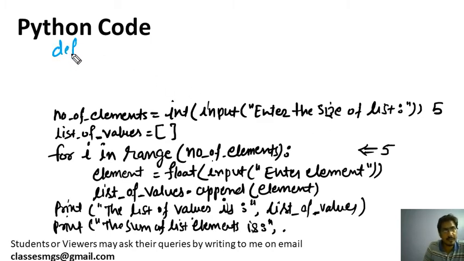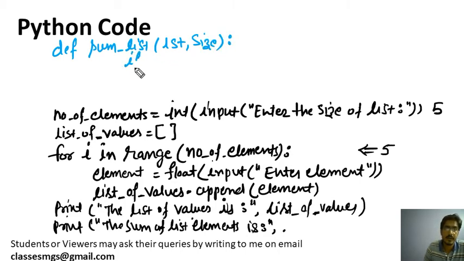So definition, I am writing sum underscore list. I will take list as input, size as input to the argument. If size equals 0, simply return 0.